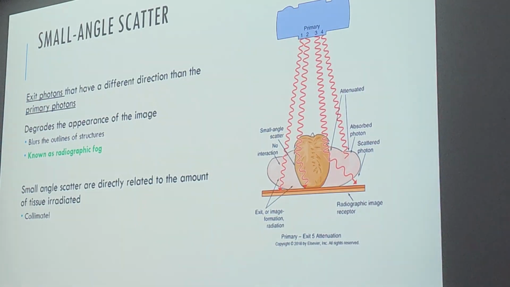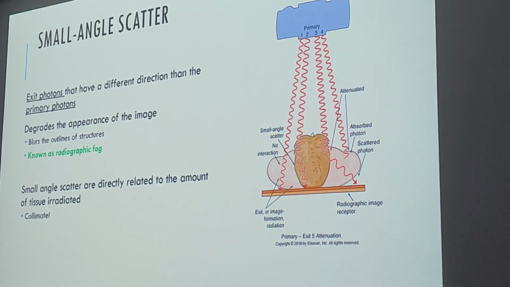Small angle scatter is another name for exit photons that have exited the patient, but took a different direction than the primary photons. Primary photons go straight through without interaction. But small angle scatter photons also exit the patient, but they slow down and change direction.